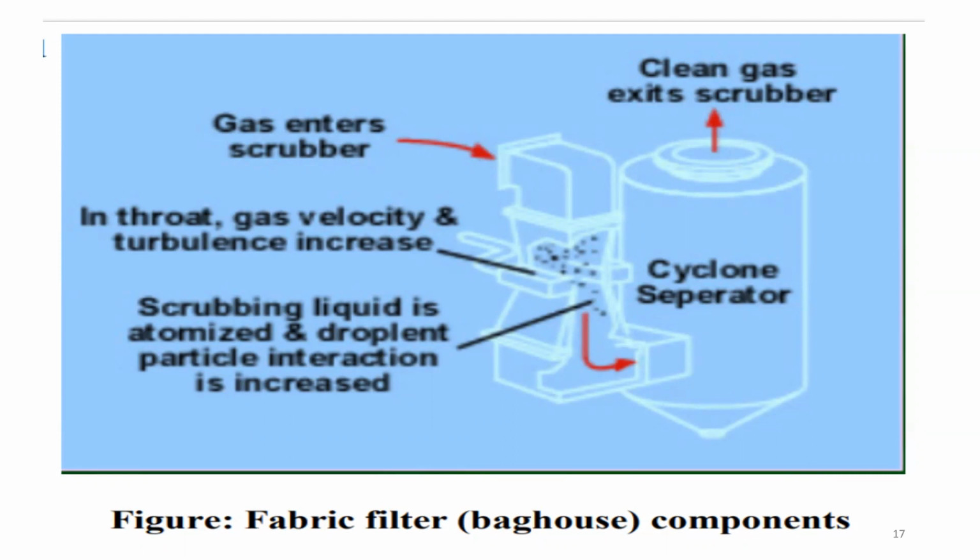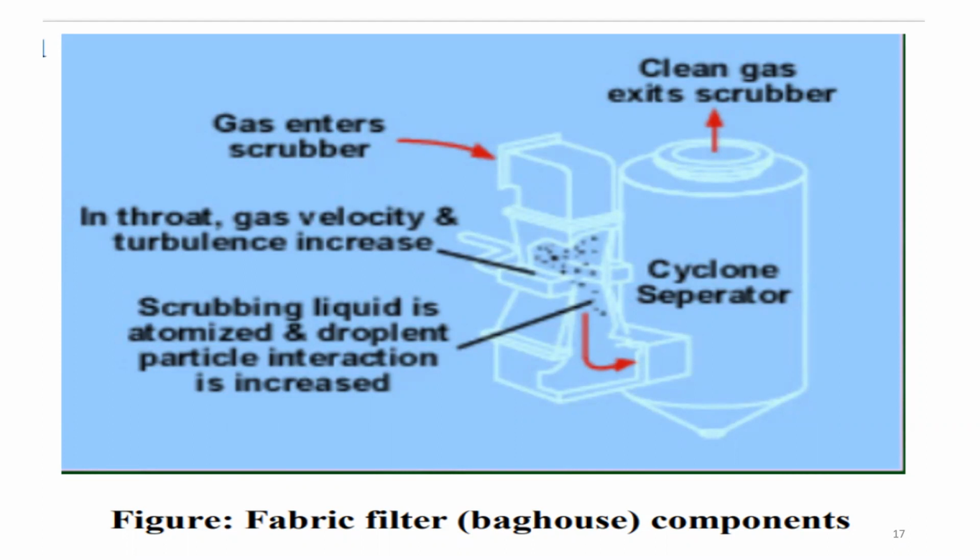This design indicates that in the throat, the center part, the gas velocity is higher compared to the inlet and outlet parts, where the turbulence is more, because the throat has a smaller diameter compared to the inlet and outlet. As the diameter is less, the gas velocity is more and turbulence is more.